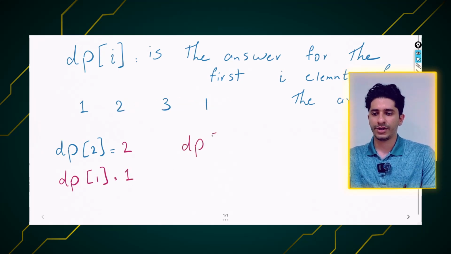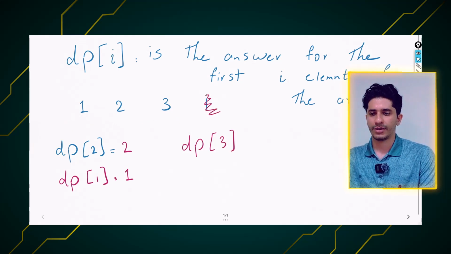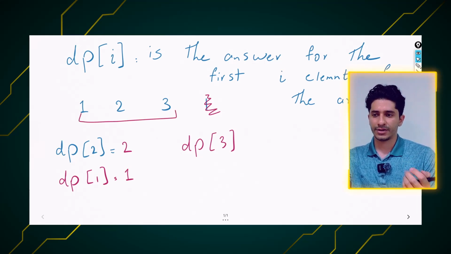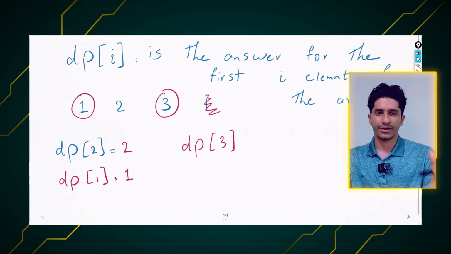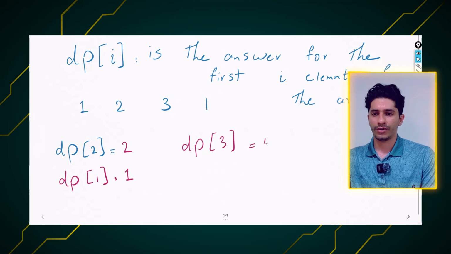DP of 3 says we have only the first 3 houses, so forget about the 1 at the end. Okay, now we want to rob 3 houses. So the optimal answer is to rob from the first and the third house, which is going to give us 4.